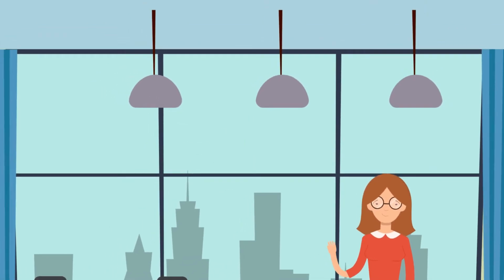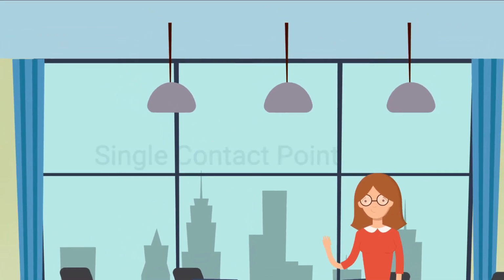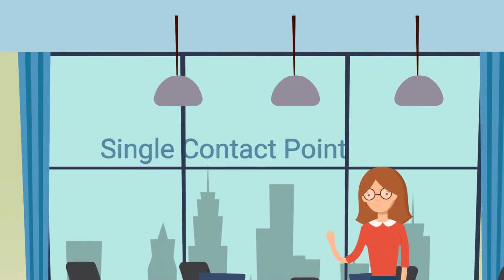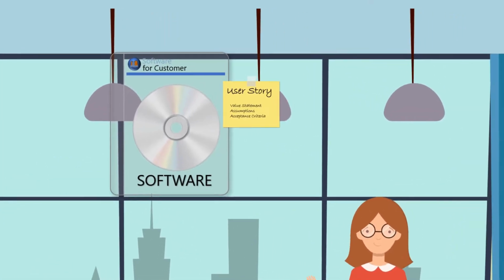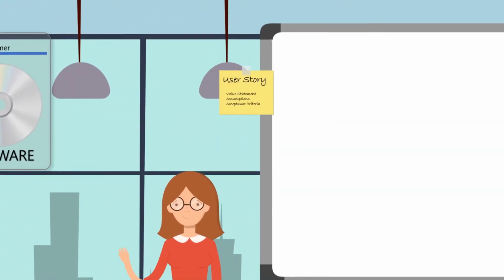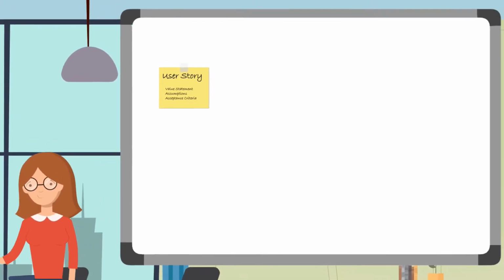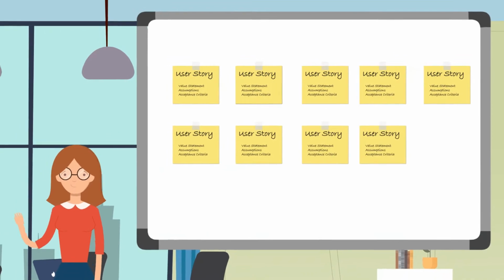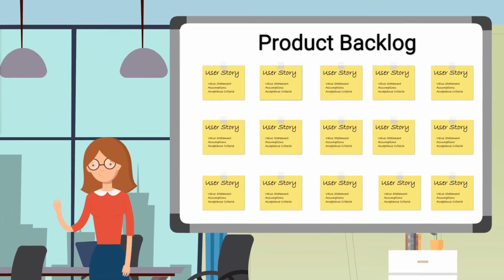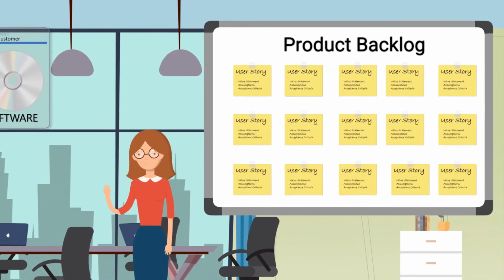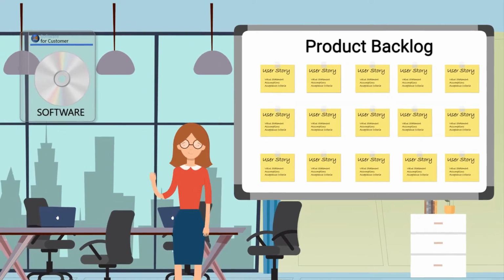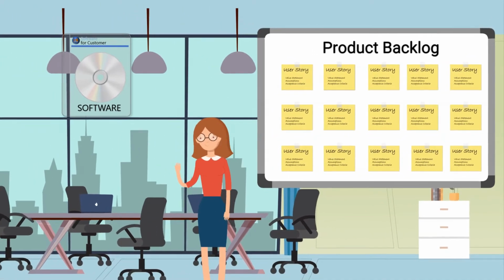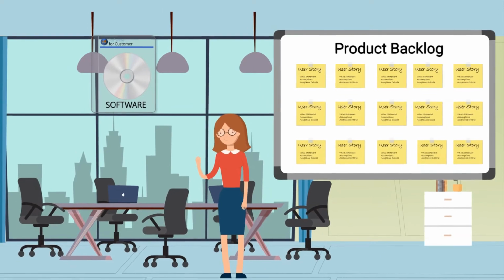But they represent the customer and stakeholders to the development team. They own a list of everything that is known to be needed in the product. We call each item in the list a user story. The overall list is called the product backlog, and Jane, as the product owner, is responsible for this overall list. We will come back to Jane later.